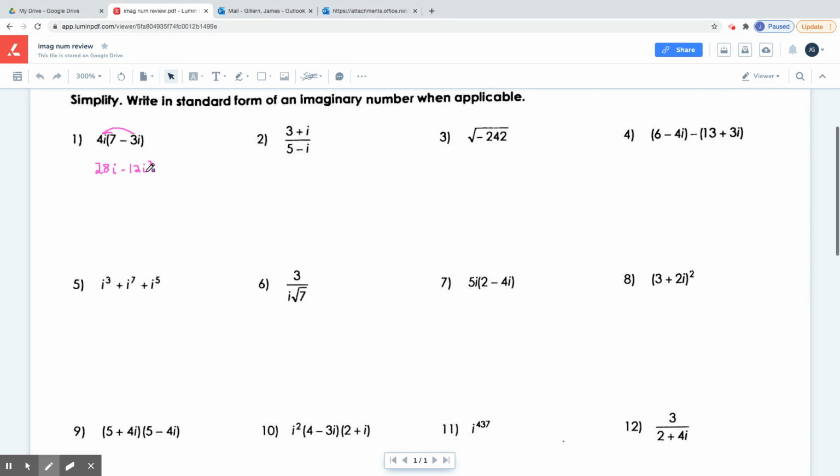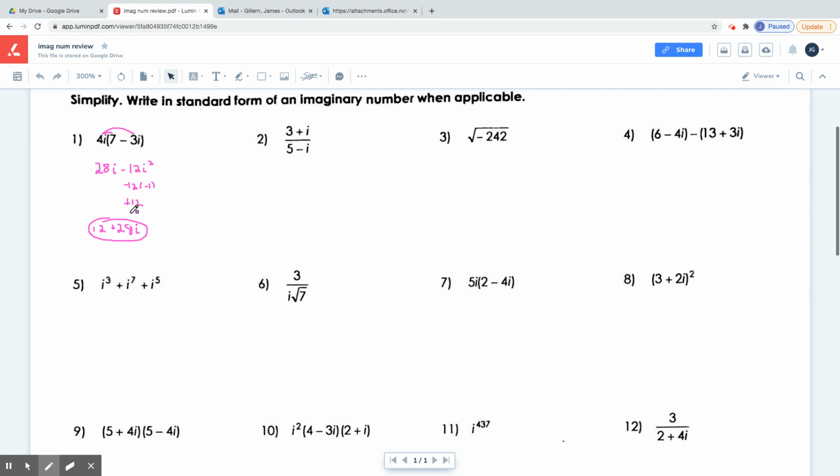So this is just like negative 12. I'm not going to do this for every one, but you should know that i squared is negative 1, and negative times a negative is a positive. So you end up with 28. This is really plus 12, but I can't write 28 plus 12 because I want to write it in standard form. So it's 12 plus 28i. Whenever you have i squared equal to negative 1, you just change the sign. So negative 12i squared is just 12.